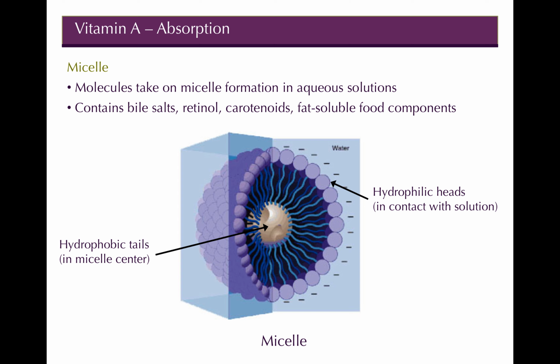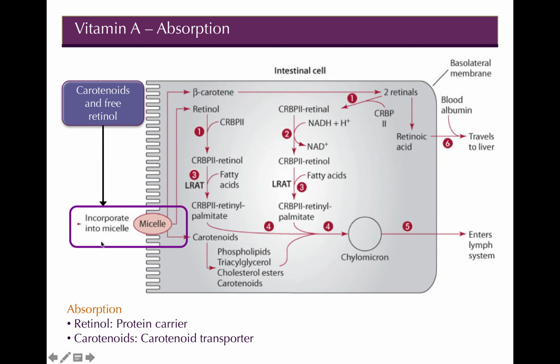And remember, micelles aren't an actual transporter. It's just a spontaneous formation that occurs when you have things that have hydrophilic heads and hydrophobic tails. They literally just end up forming this because the things that like water go to the outside, and the tails that don't like water stick on the inside. So they spontaneously form these balls basically. And then the full micelle is taken into the enterocyte.